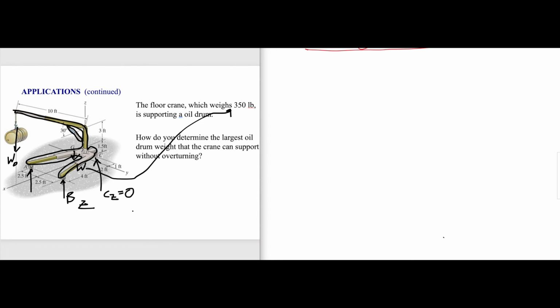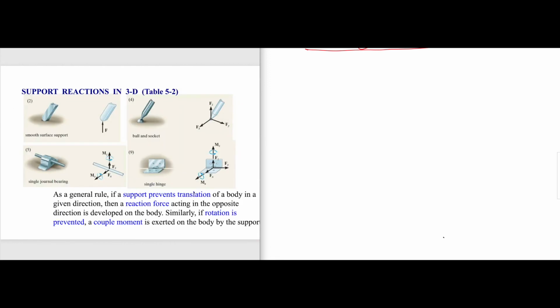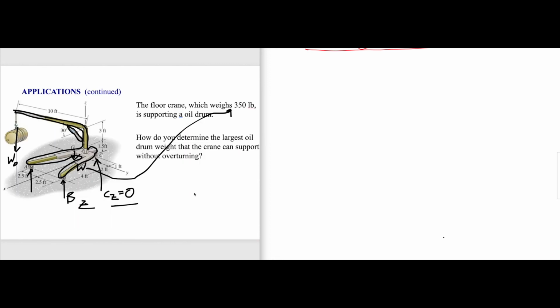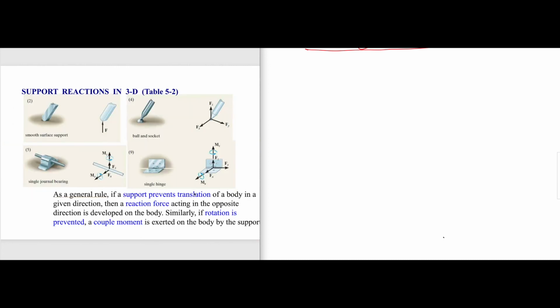All you have to do is, once you write the equilibrium equations, that means sigma Fx equals 0, sigma Fy equals 0, sigma Fz equals 0, moments with respect to the x-axis equals 0, moments with respect to the y-axis equals 0, moments with respect to the z-axis equals 0, you plug in CZ equal to 0 in those equations and solve for W naught. So by reading the question, you have to understand. This is how we do any of these 3D problems.